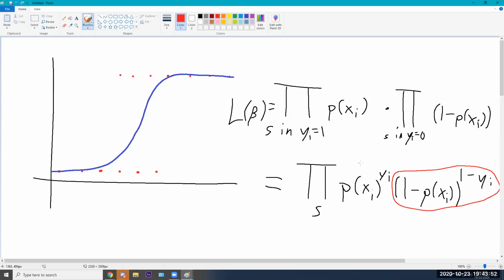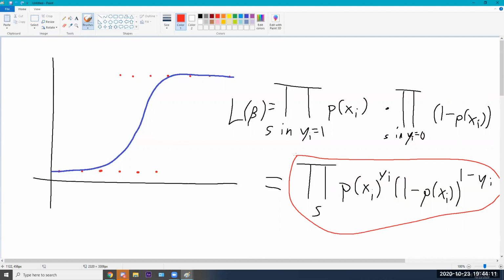So in the case that yi is 1, you get left with this case. And in the case that yi is 0, then this term gets ignored, and this term gets the power of 1, and so that's the one that's considered. And so in the case that yi is 0, you get left with this. That's why this is the same thing as the above. And so if you take the logarithm of it, you can actually split this up, right?